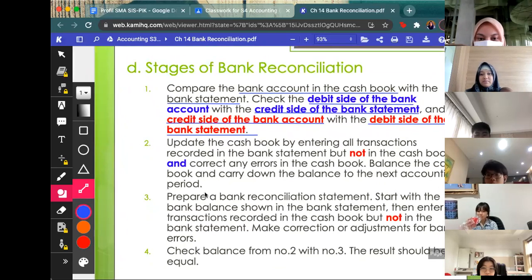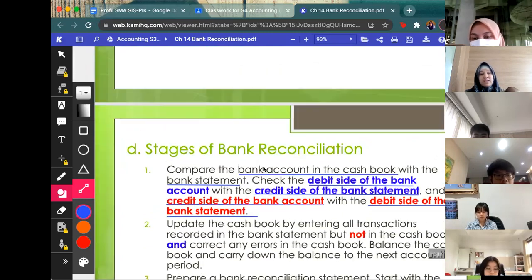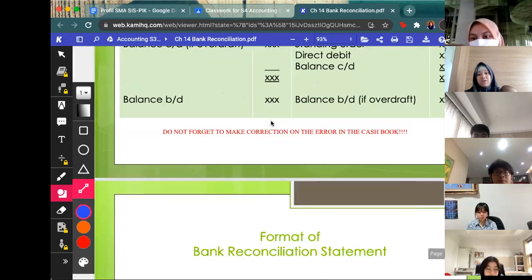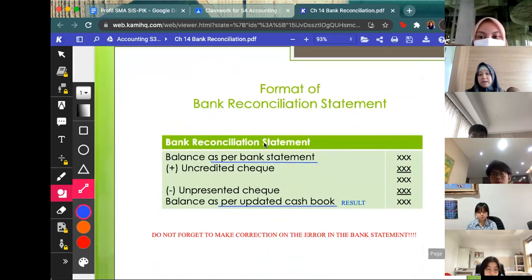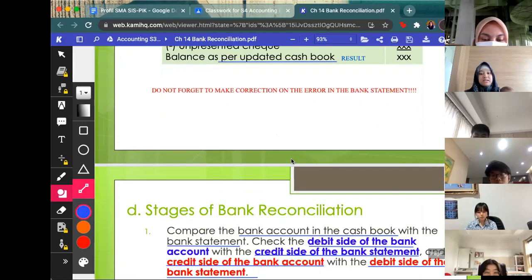I'm afraid everyone will fall asleep. Number 3, prepare a bank reconciliation statement. It means that after you have updated the cash book, we continue to number 3, prepare the bank reconciliation statement. First, you have to see the balance in the bank statement.